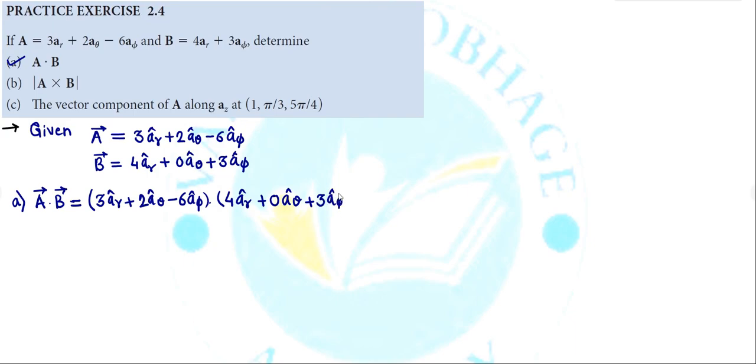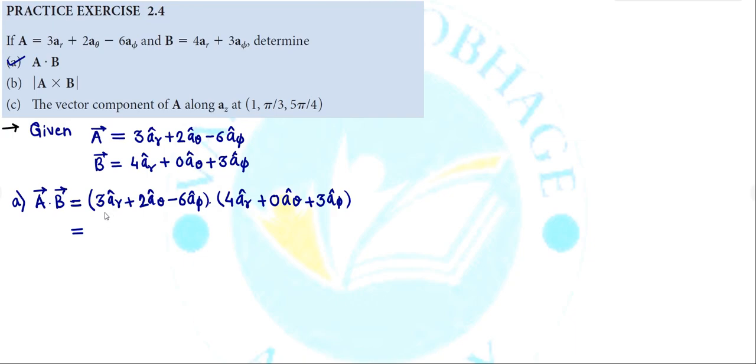From the basic theory of the dot product between two vectors, the dot product between two same vectors is 1, and for the rest of the cases the product is 0. So the dot product between dissimilar vectors is equal to 0.